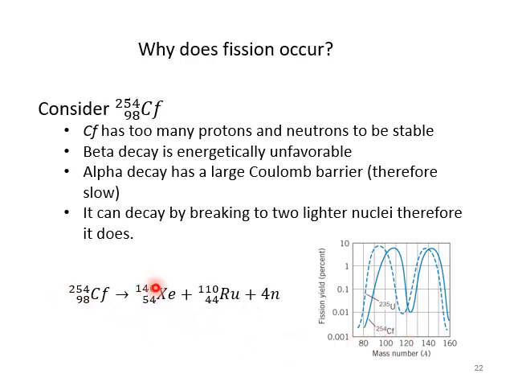And what I've got here is the breakdown of californium 254, right, into two components. Xenon 140, so we'll look over here, 140 is around there, and ruthenium 110, which is around here, right?